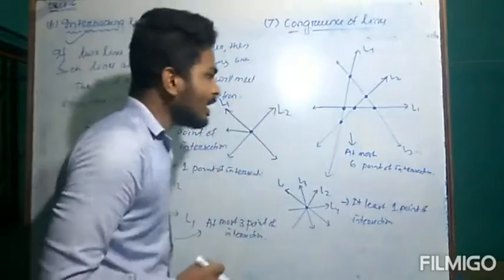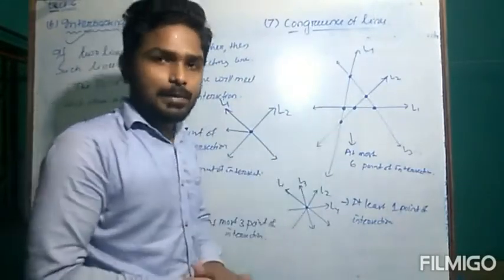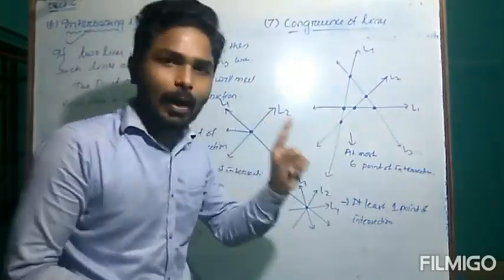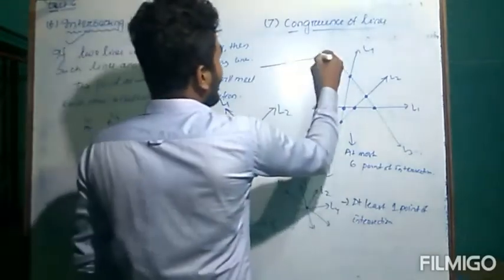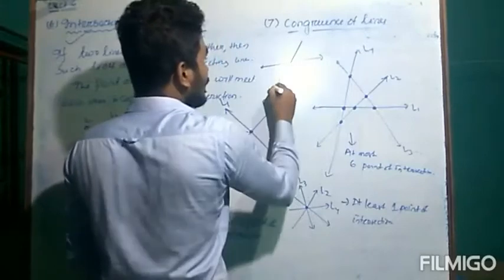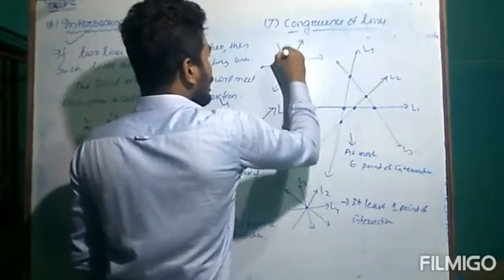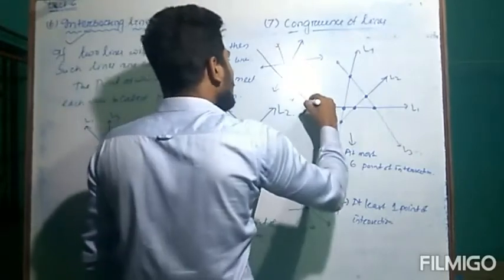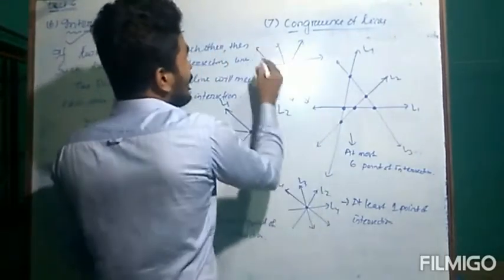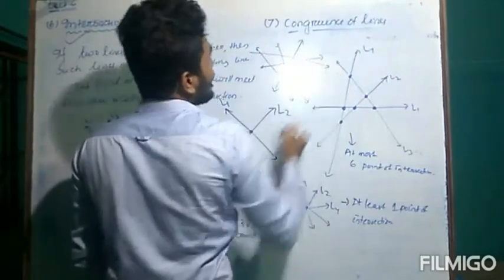Similarly, you can also find for 5 straight lines. 5 straight lines can have at least 1 point of intersection, but at best, let's find. First, second, third, then fourth, right? Then this is the 5th straight line.